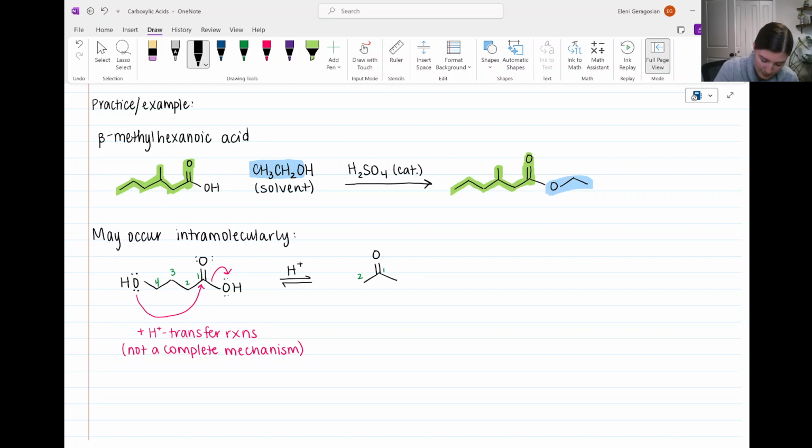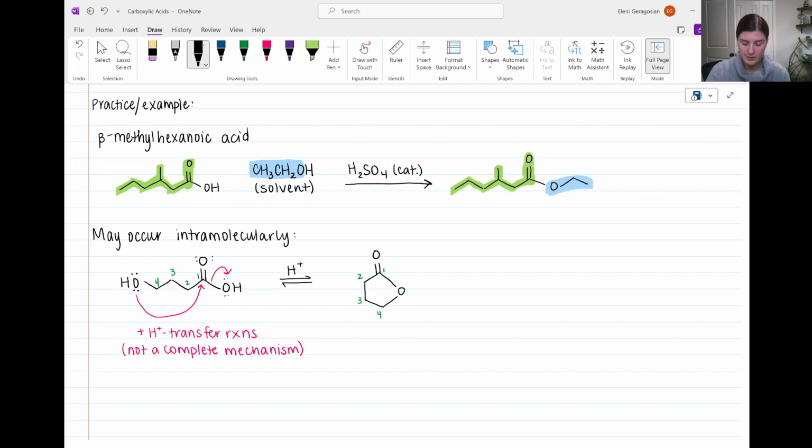Carbon 2 is bonded to carbon 3. Carbon 3 is bonded to carbon 4. Carbon 4 is bonded to the oxygen, which is now also, from this longer pink arrow, bonded to carbon 1.